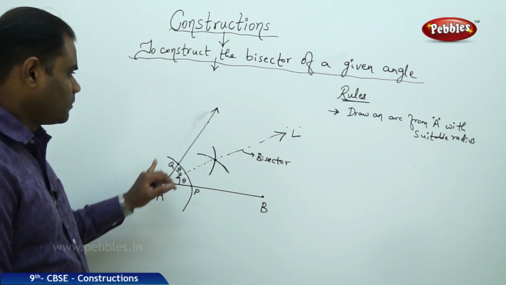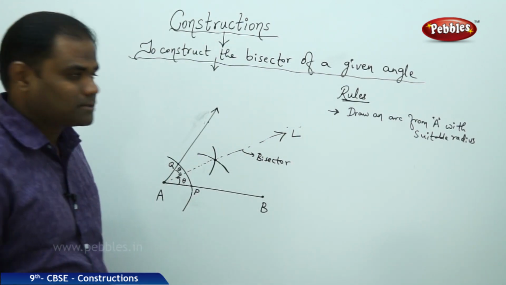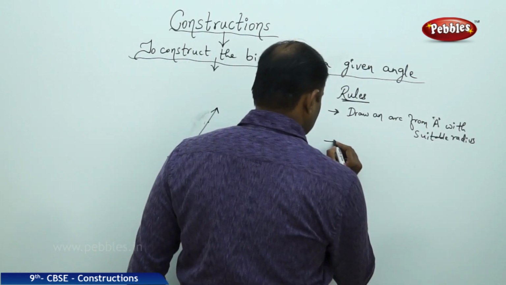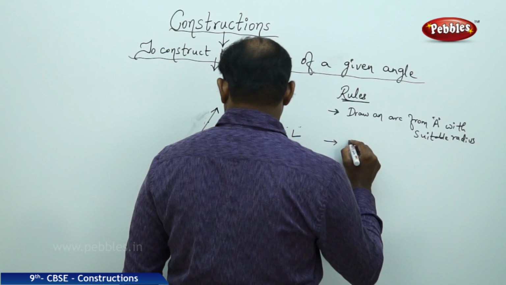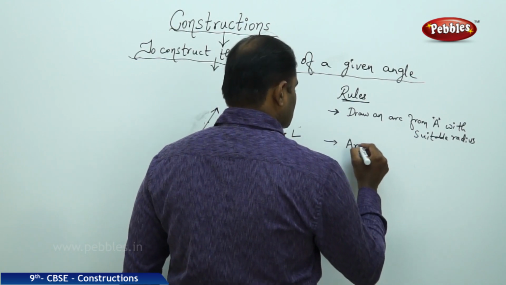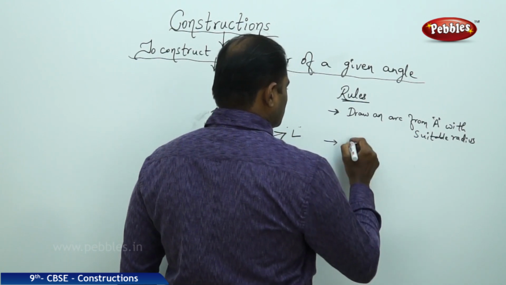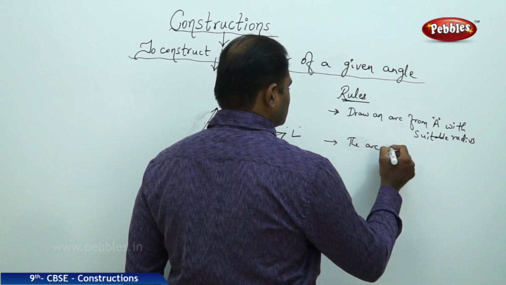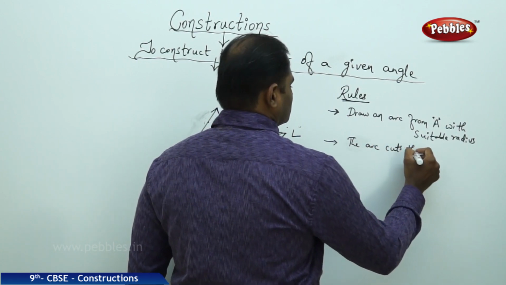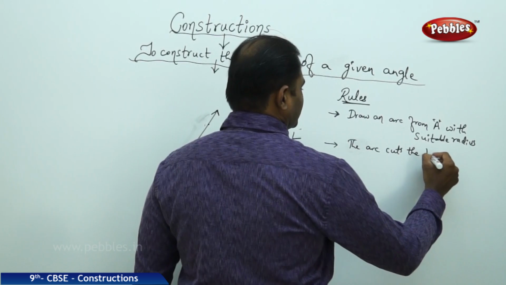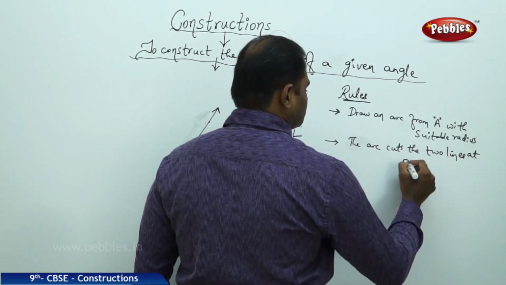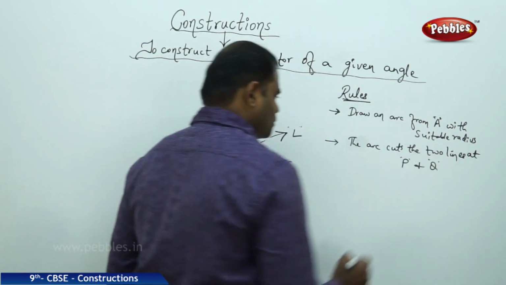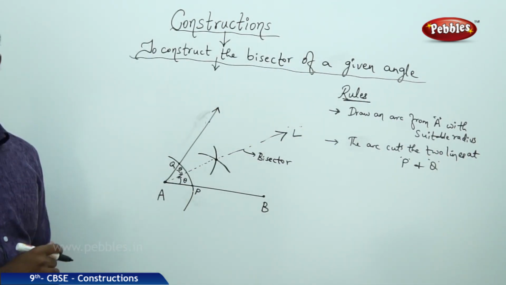Secondly, the arc which is drawn cuts the two lines at P and Q, as we have noted down.